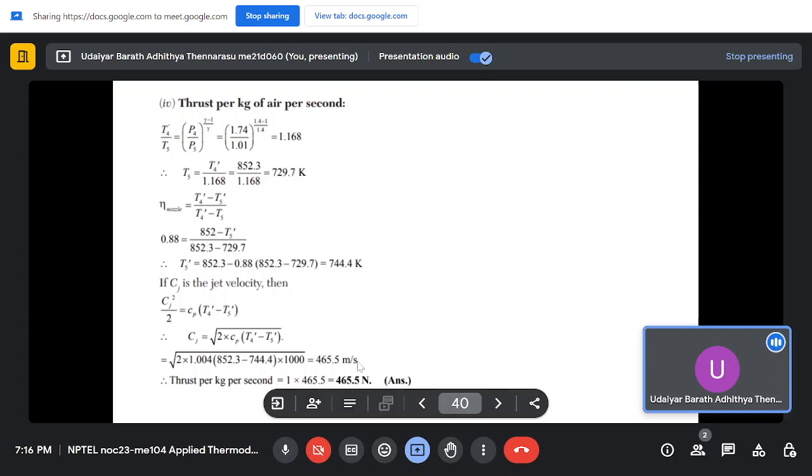So the thrust generated is Cj, because initially there is no velocity, so (465.5 minus 0) into mass of air per kg. So you multiply by 1, or 465.5 Newton per kg of air.